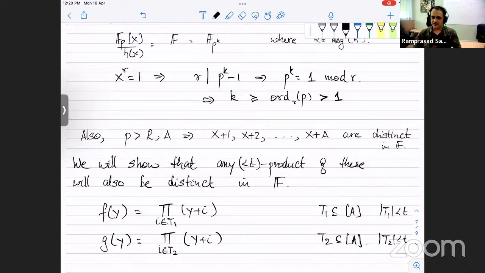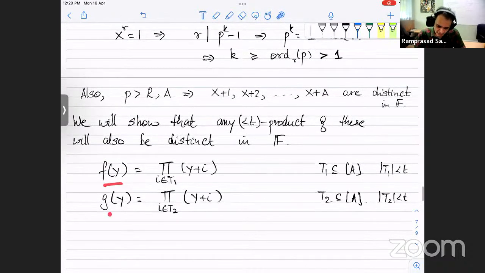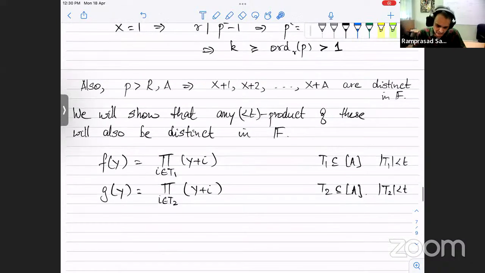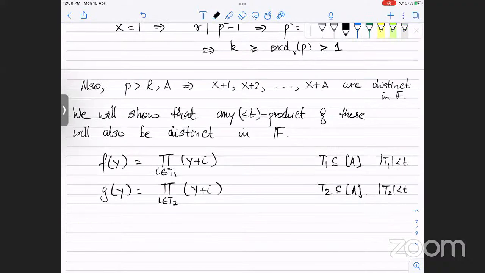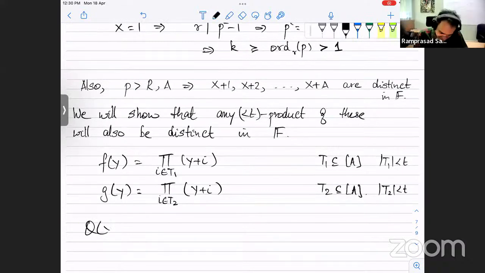Right now, as polynomials, they are different. But we're not interested in them as polynomials. We want to know what happens if I plug in y equal to x, as elements of the field. So let's define q(y) to be f(y) minus g(y).